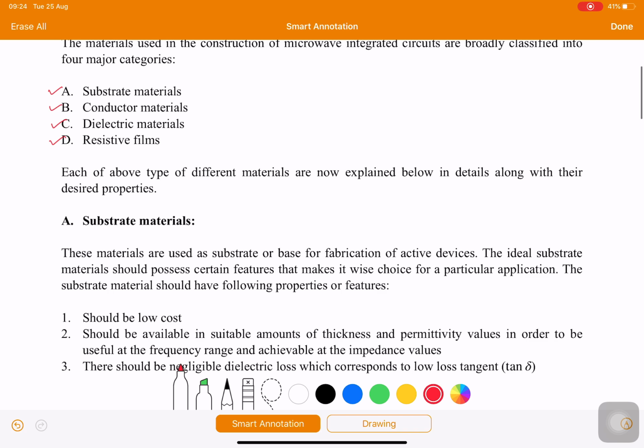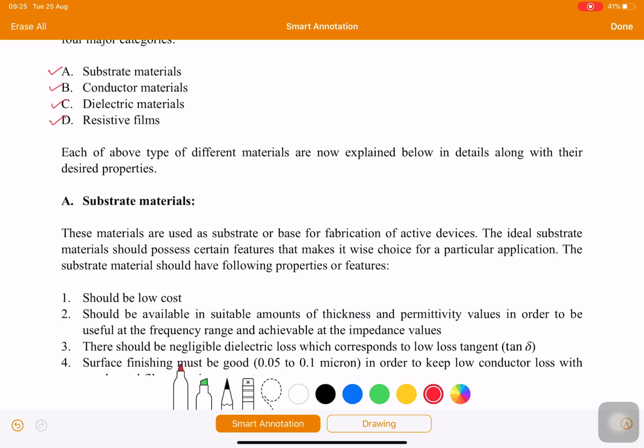We have the conductor material. The conductor material is mainly used for the purpose of transmission lines, right? And then the dielectric material. Okay, so the dielectric materials are required in order to form the different types of layers. And if you want to make use of capacitors also, then we can make use of this dielectric material. And finally, the resistive films.